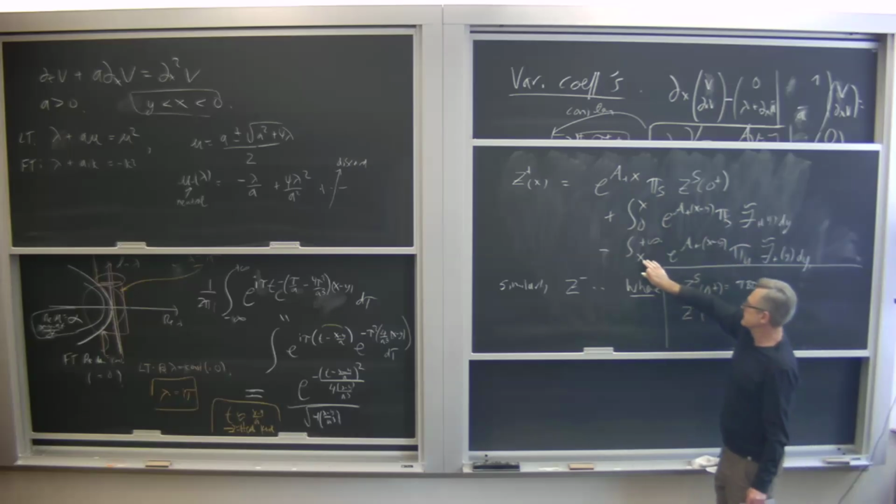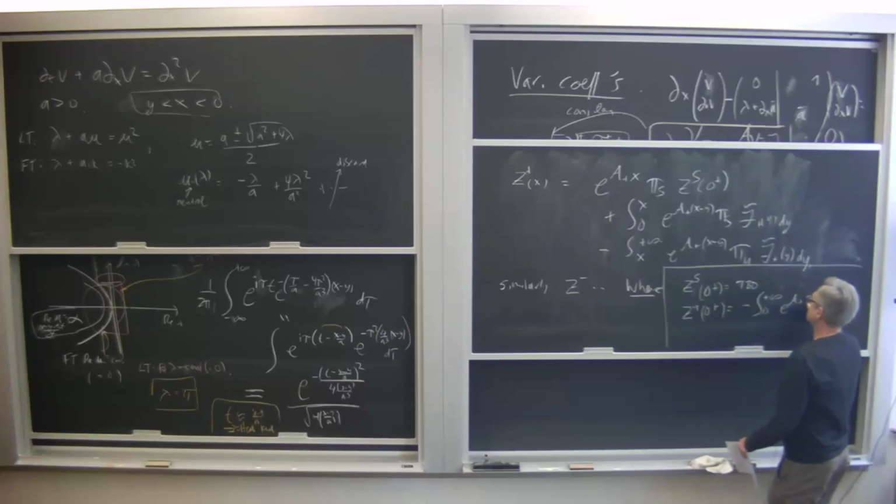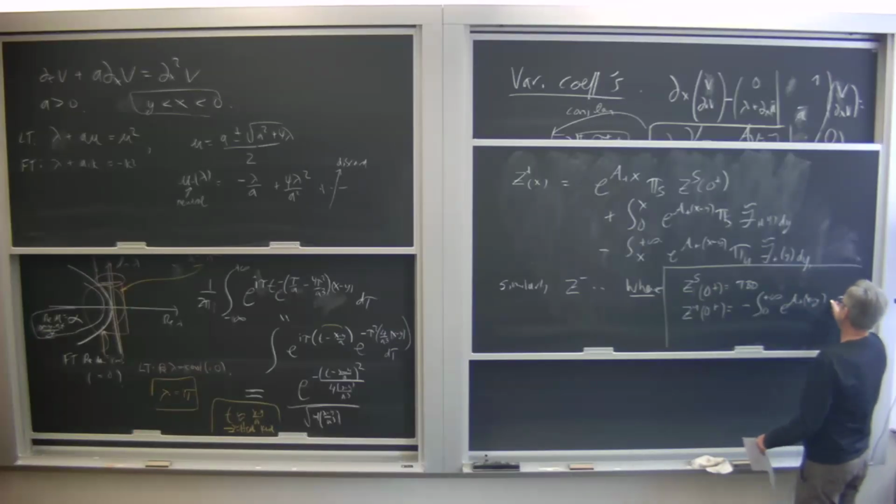If I evaluate at 0 plus, this is negative integral from 0 to plus infinity, e to the a plus (x minus y) unstable projection of f.